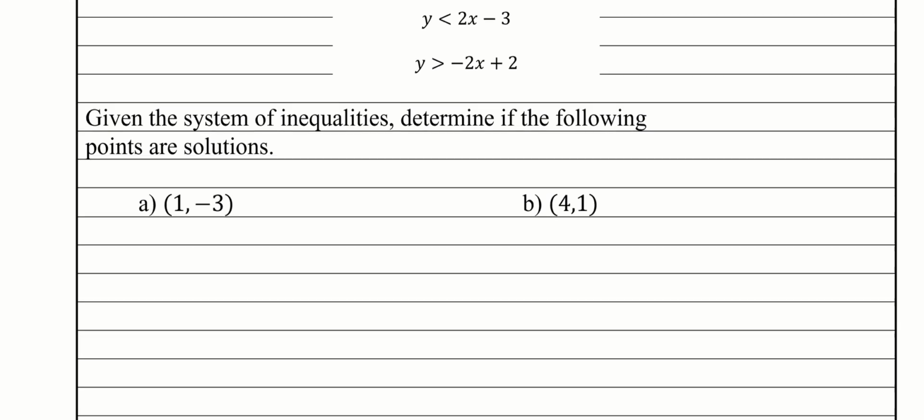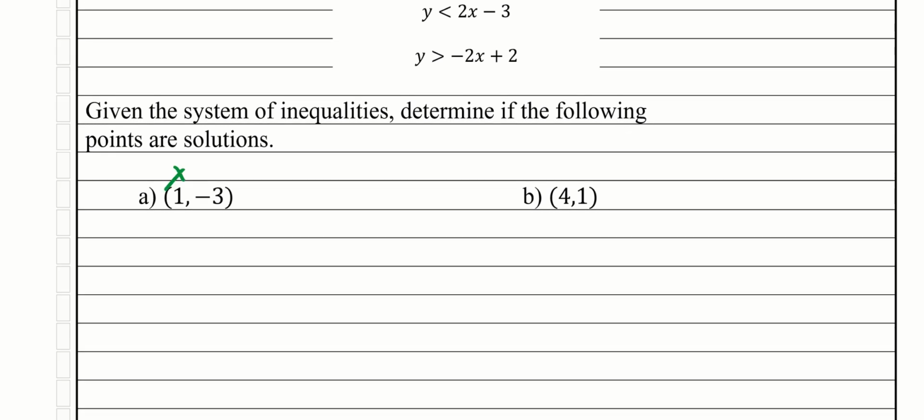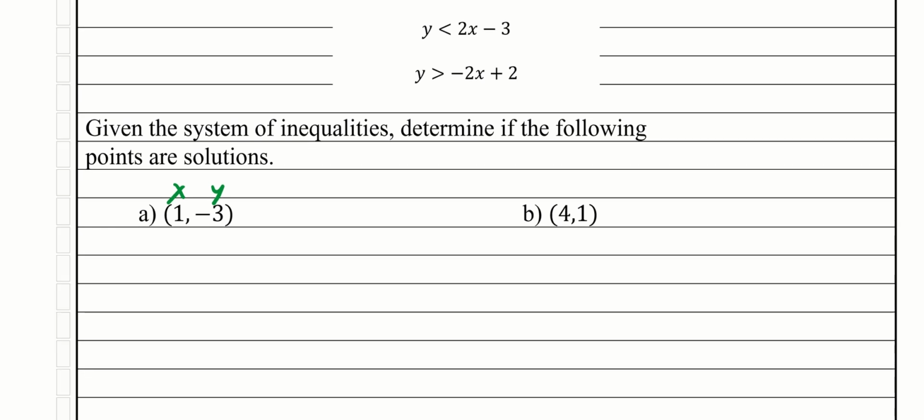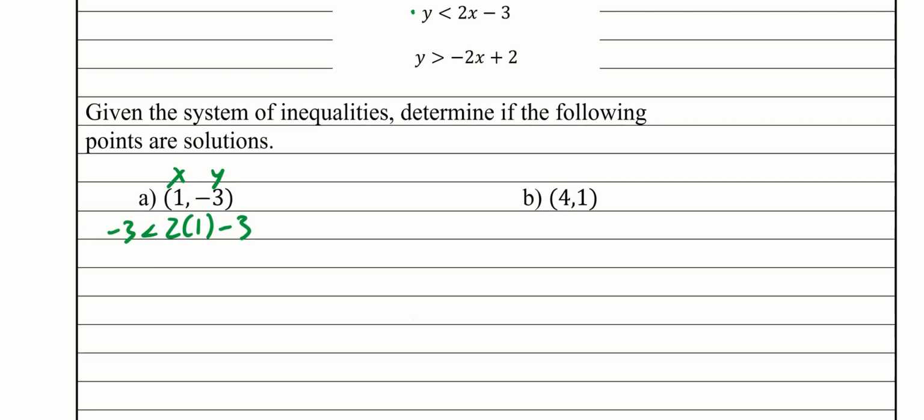So let's say I want to test and see if these points are solutions. What I would do is take the x coordinate and plug it in for x, and the y coordinate and plug it in for y, and I would take this one inequality at a time. So I'm going to start with the first inequality here. I'll plug in negative 3 for y, and I'll plug in 1 for x. So that is what this would look like. And then I will check and see if this gives me a true statement.